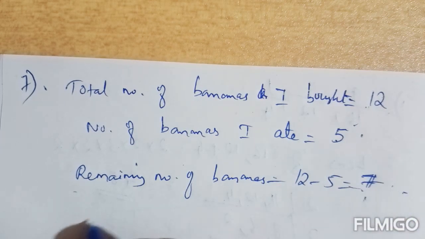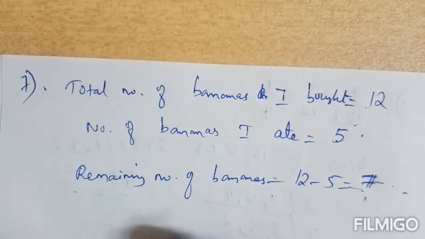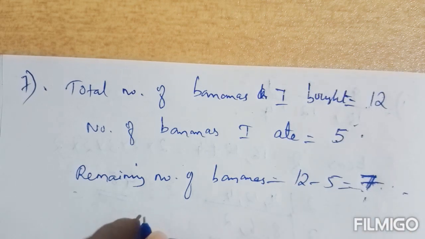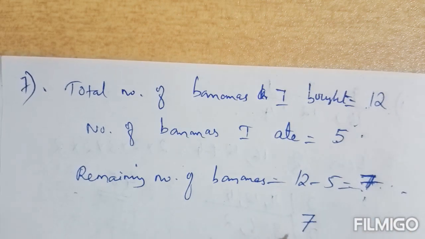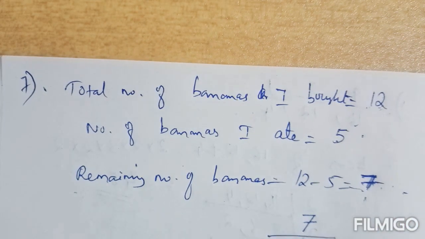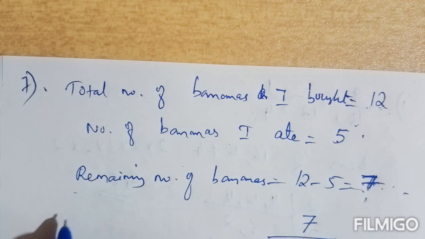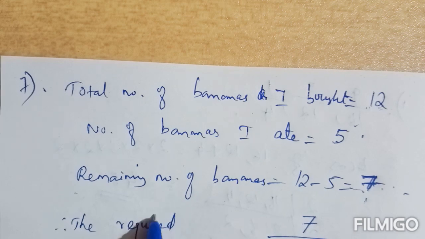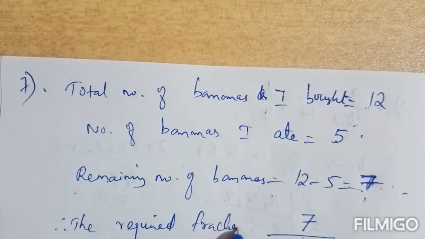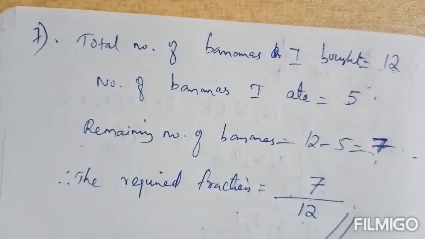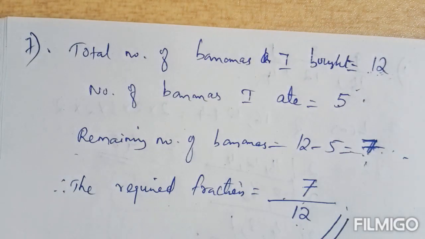So in fraction you can write it, the number of bananas left is 7 out of the total number of bananas, which is 12. So 7 by 12. Therefore you can write the required fraction equal to 7/12. In total 12 bananas are there.